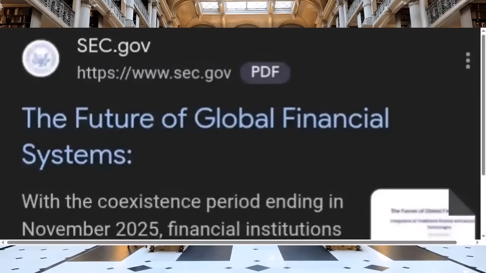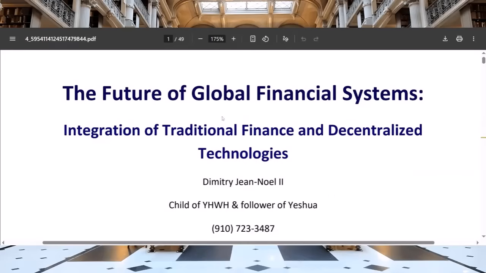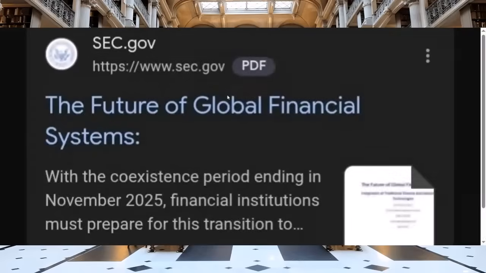Jumping into the next part and why it matters, let's zoom out just a tad bit. Well, understand the terminology. For one, you see the future of global financial systems. Then you see this SEC. You know, Channing pointed this out before. He goes, "My God, Maximus, my God."